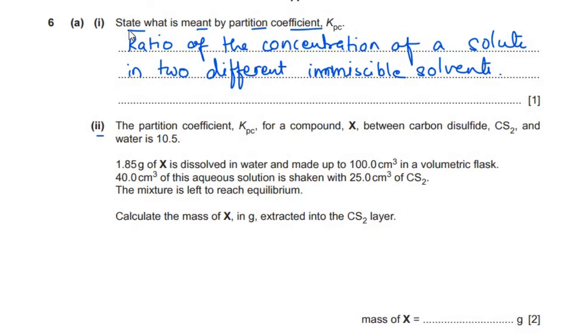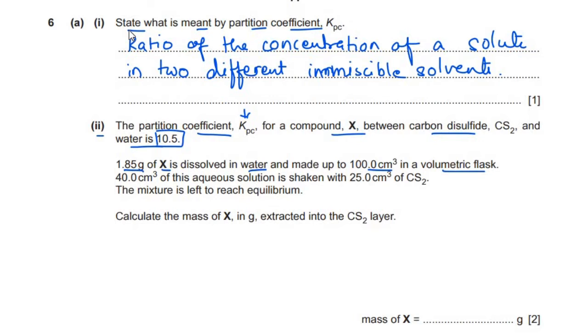Okay, the second part is the partition coefficient KPC of a compound X between carbon disulfide and water is 10.5. So the value of KPC is given, that is 10.5. Now 1.85 gram of X is dissolved in water and made up to 100 centimeter cube in a volumetric flask. So now what are we doing?